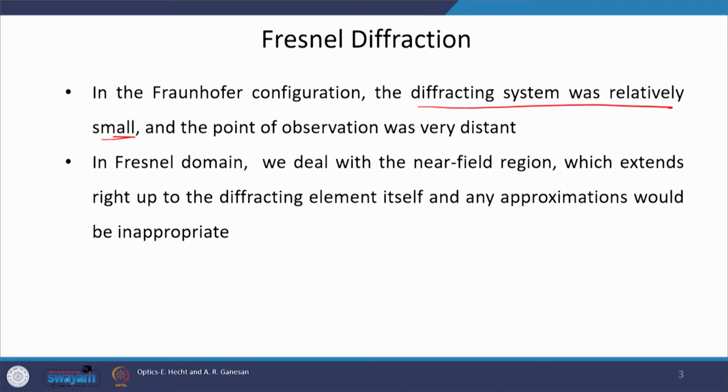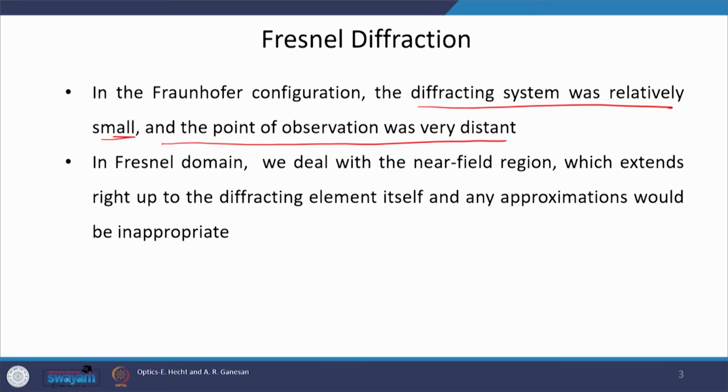Relatively small means its size was smaller than the distance between the screen plane and the source plane, and the point of observation was very distant. Let me say it like this: in the Fraunhofer configuration, the diffracting system was relatively small and the point of observation was very distant.